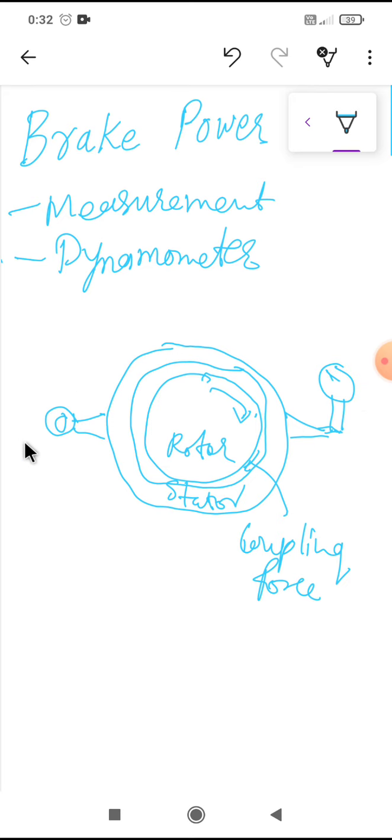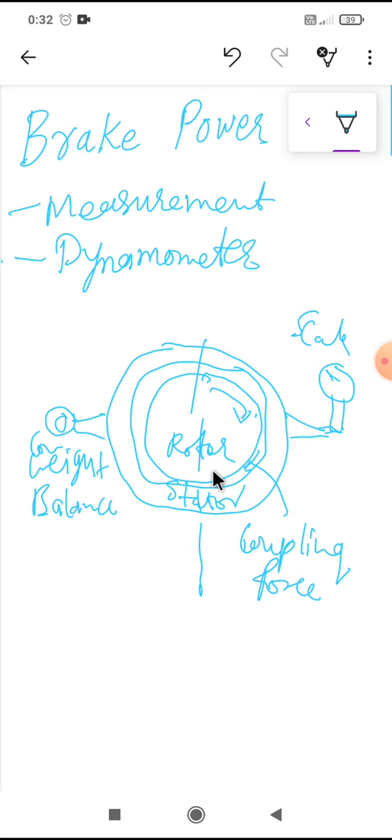So here it will be the counterweight balance, and this will be the scale. Suppose the distance between this center and the scale is L.